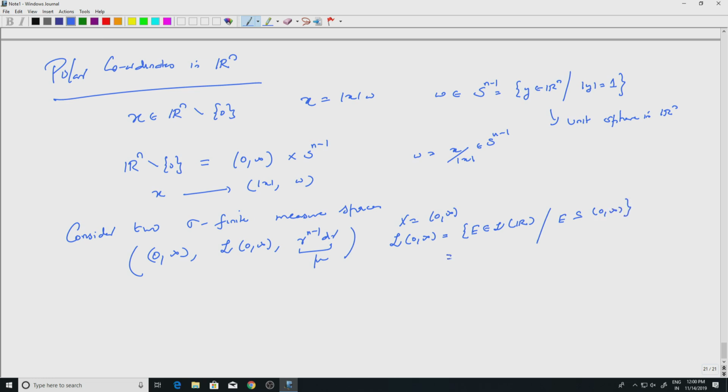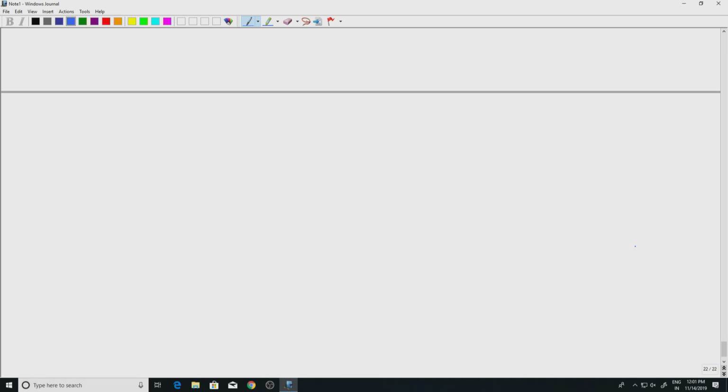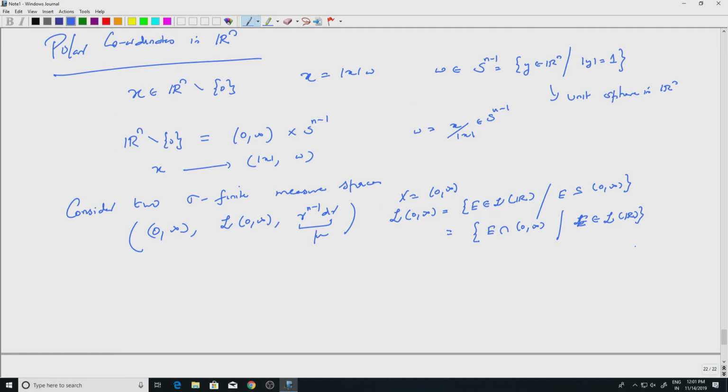You can also write this as E intersection with 0 infinity. So, you intersect with 0 infinity, where E is an arbitrary set in the Lebesgue sigma algebra of R. Okay. Both will give you the same space. Okay. So, that is one space, that is a sigma algebra.